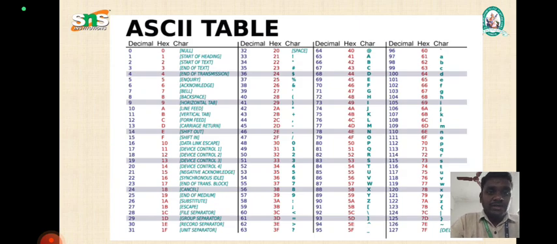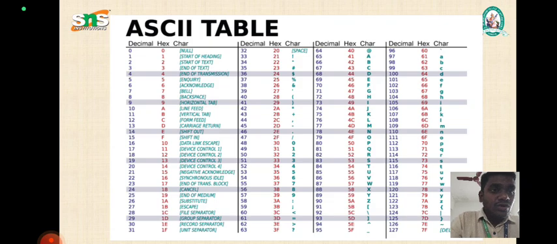From 0 to 32, we are using different keyboard keys, for example vertical tab, line feed, backspace, cancel, end of medium, substitute and escape. These are used from 0 to 32.